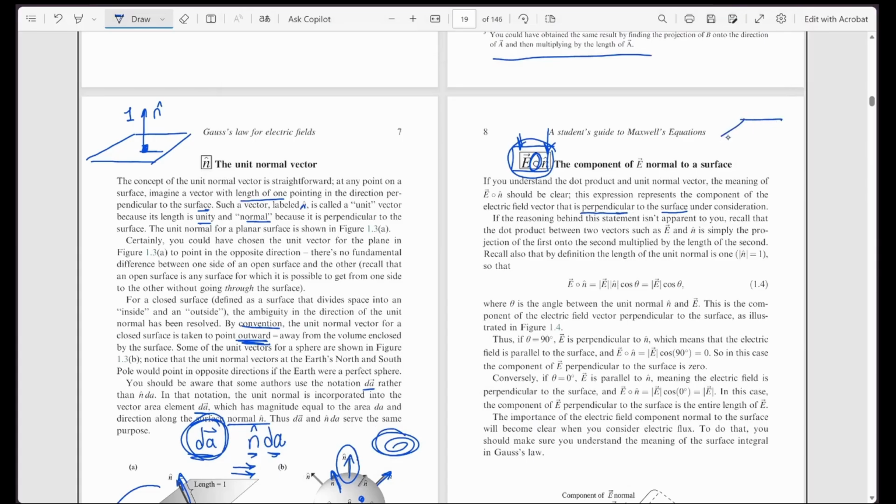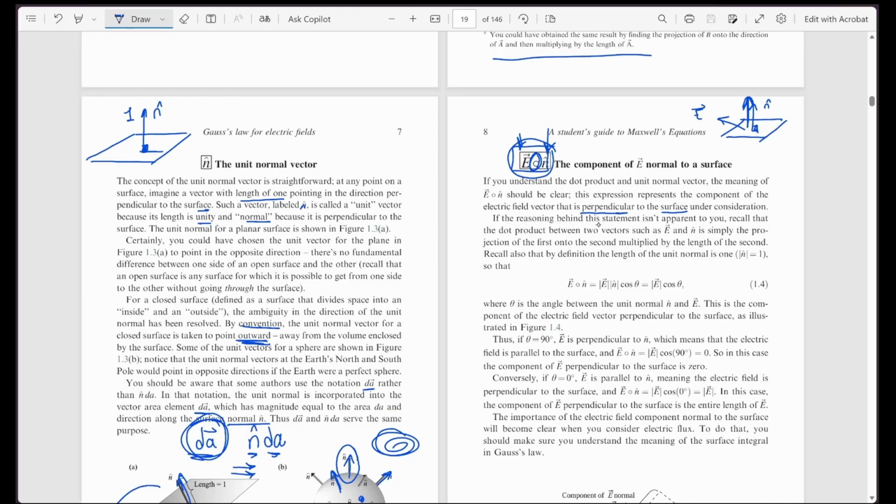So this is our surface, for example, n points this way, and there is some electric field this way. So the dot product of E with n will give us the component of the electric field pointing in the direction of n, and n is perpendicular to the surface. That's why it's telling us that the product will give us the electric field that's perpendicular to the surface.